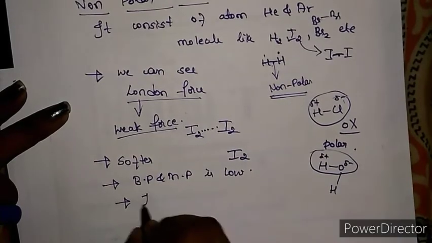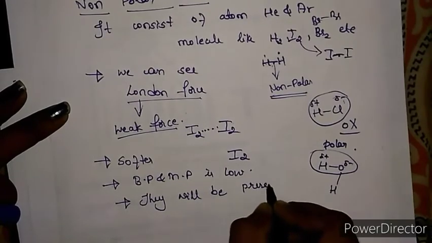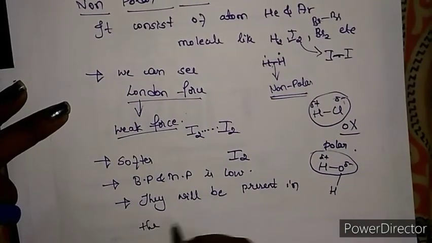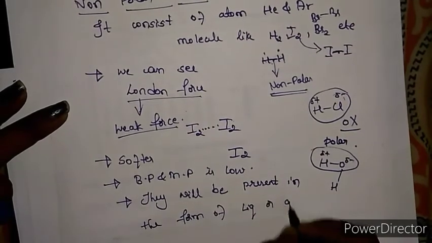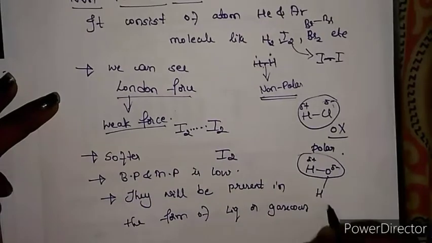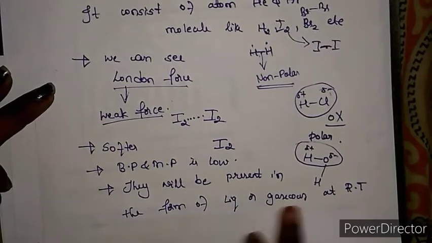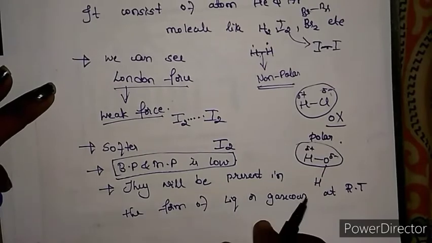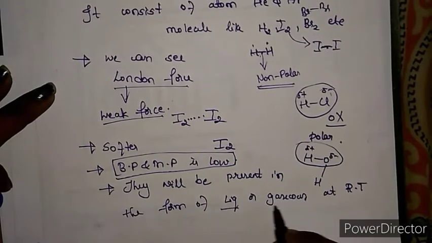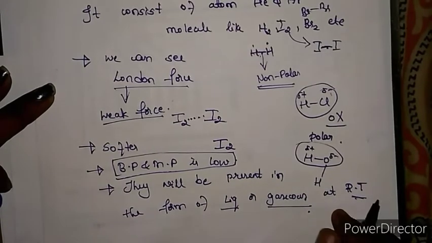Remember, they will be present in the form of liquid or gas at room temperature, because they have very low boiling and melting points. As a result, they are not solid at room temperature, but below room temperature they will be present in the solid form.